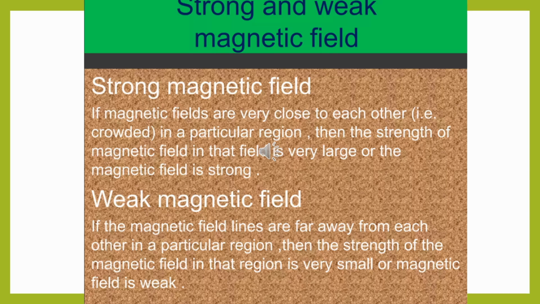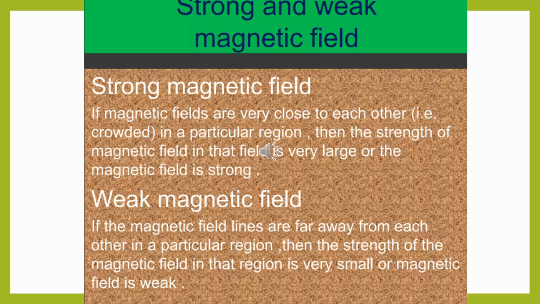Now, students, based on the previous slide on the magnetic field using iron filings, how do I know whether it is a strong magnetic field or a weak magnetic field? It's simple.